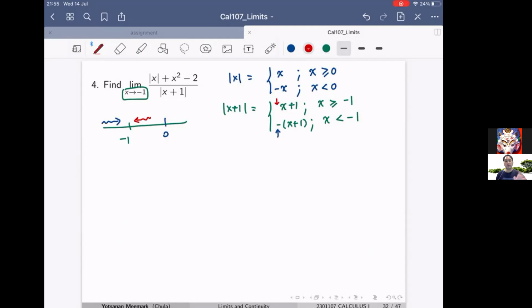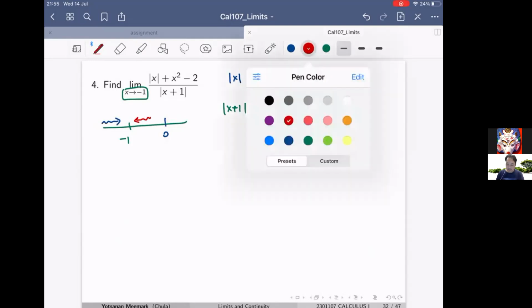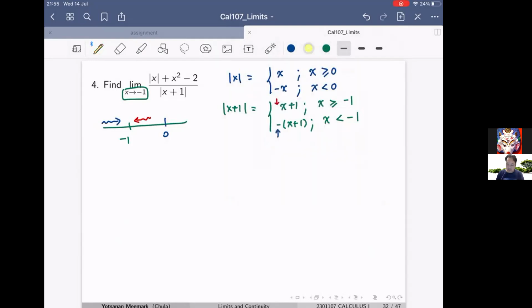However, either way, the left-hand side of negative 1 or the right-hand side of negative 1 is still the left-hand side of 0, you see. So if you get rid of the absolute value of x, you need to use this formula, because under this consideration x is always on the left of 0.